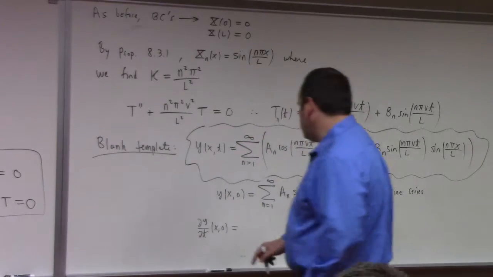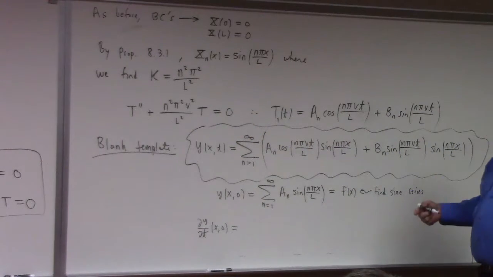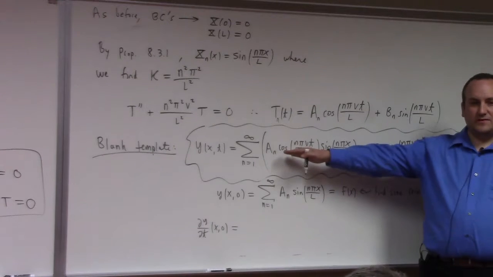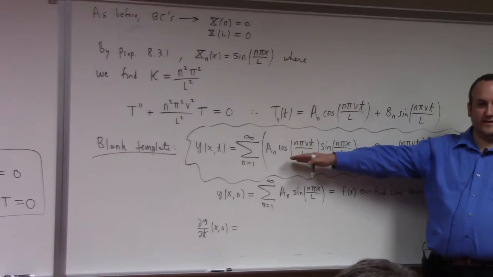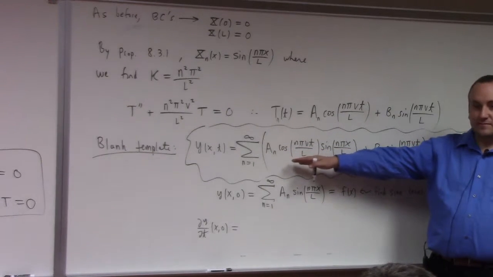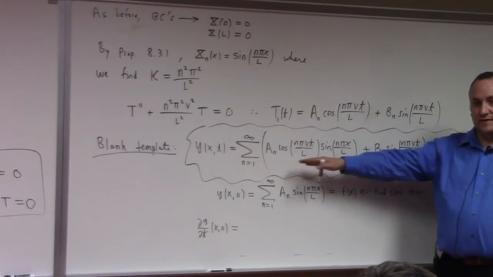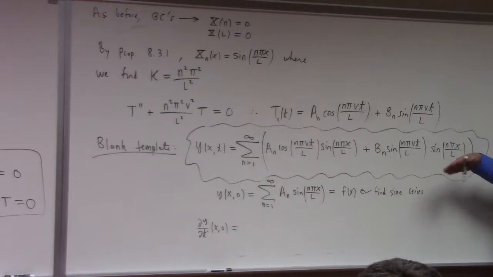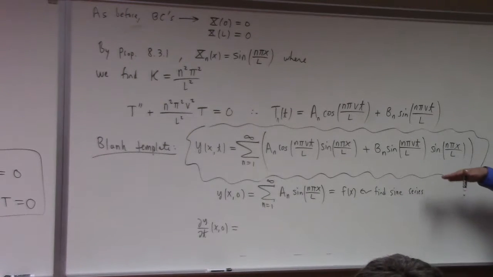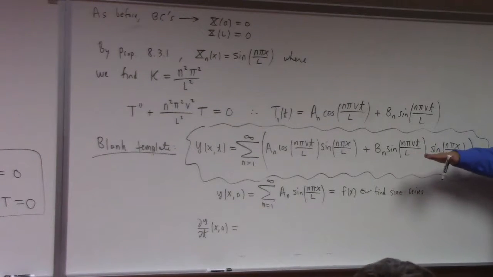Well, if you think about the partial derivative with respect to time, you can ignore the a sub n terms, because when you differentiate this with respect to time, this becomes sine, right? When you plug in 0, that's gone. So the initial velocity term just involves the second part of this blank template.